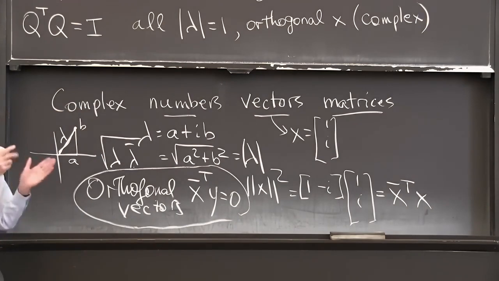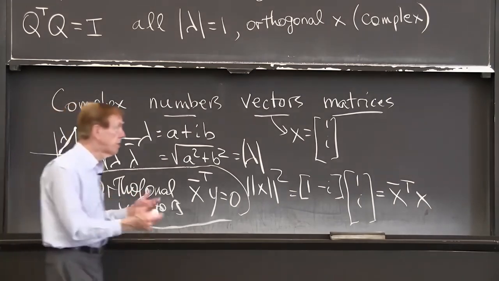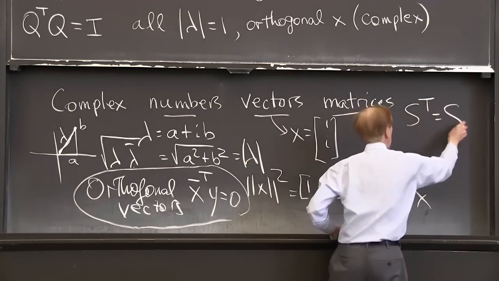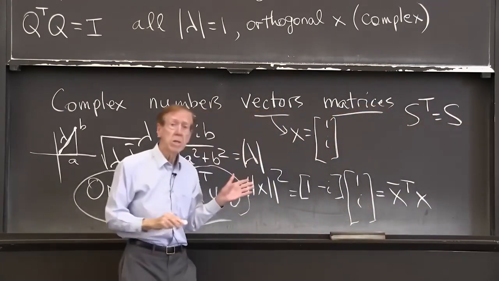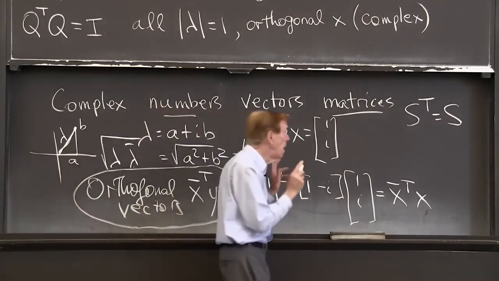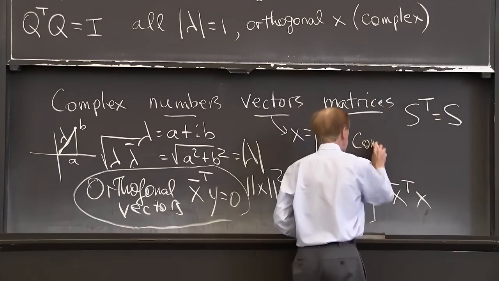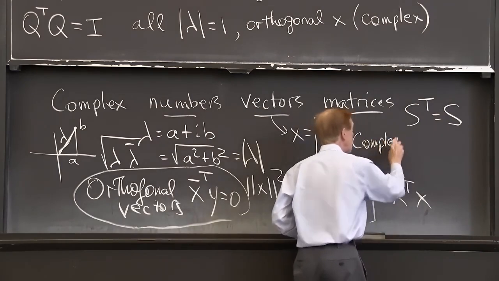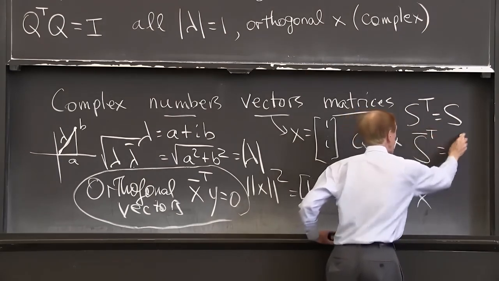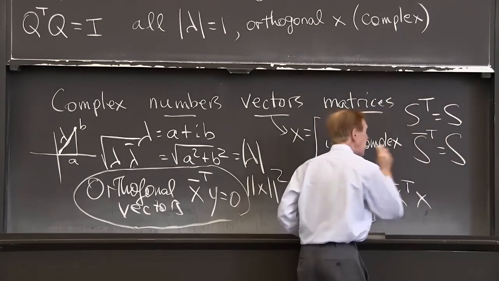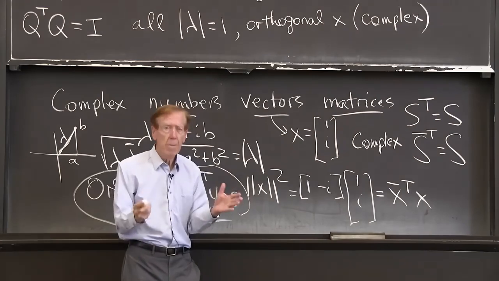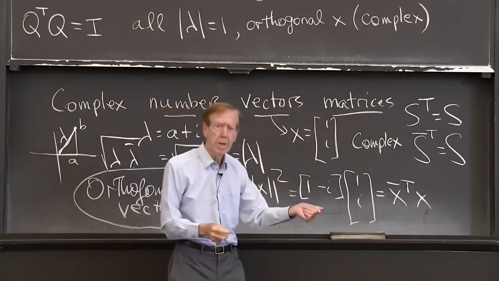So if I have a symmetric matrix, S transpose equals S, I know what that means. But suppose S is complex. Then, for a complex matrix, I would look at S bar transpose equals S. That's every time I transpose, if I have complex numbers, I should take the complex conjugate.